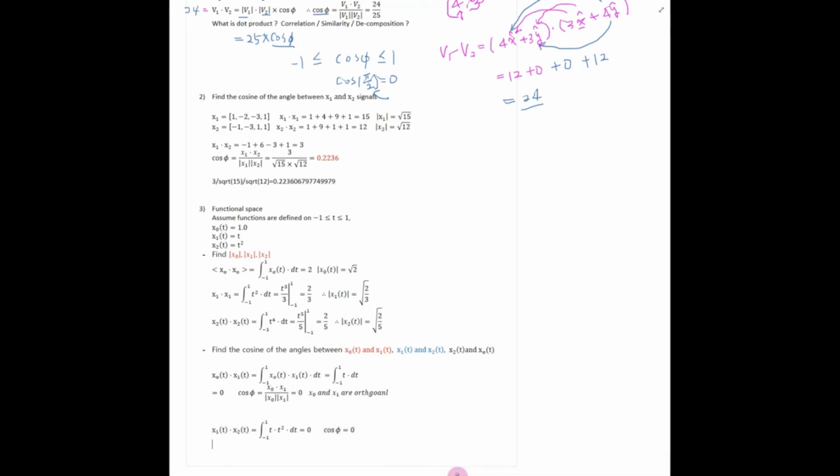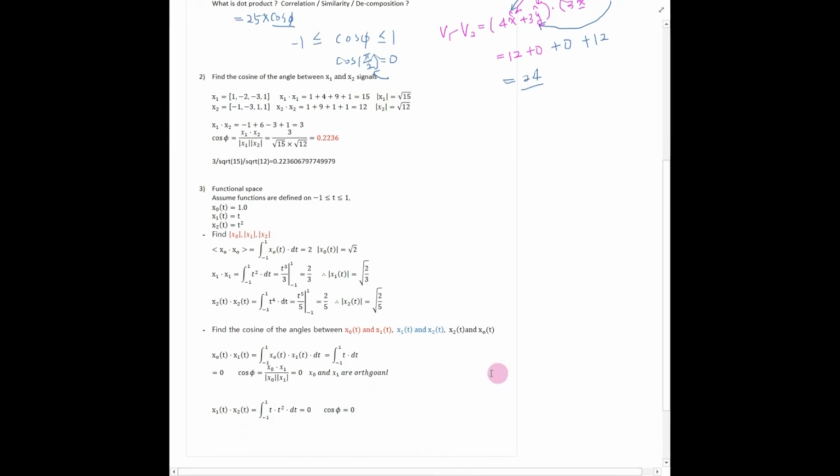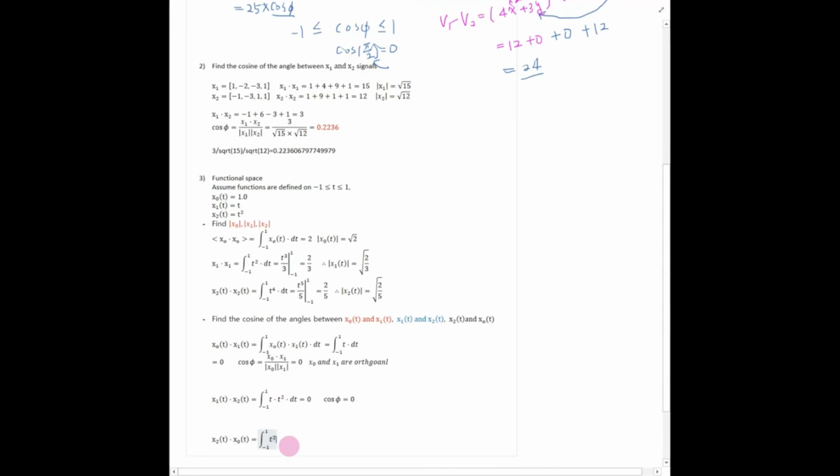The last one, I would like to calculate the angle between x2 and x0. So I calculate the dot product of x2(t) and x0(t), integrating from minus 1 to 1. x2(t) is t squared, and x0(t) is 1, so I can remove that one.